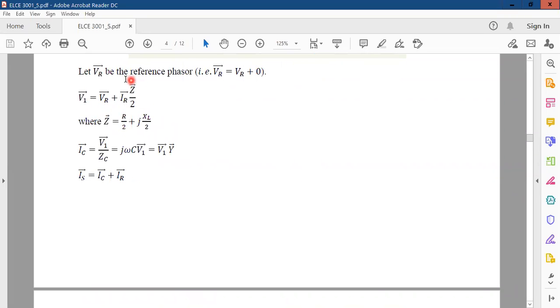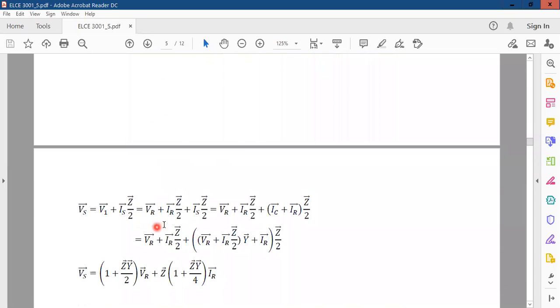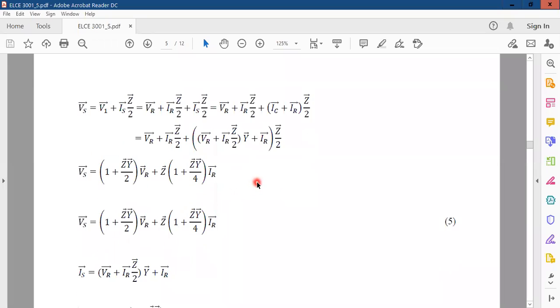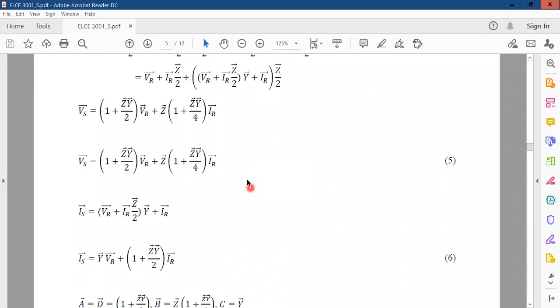We already calculated it: VR plus IR Z over 2. Plus IS Z over 2. We already know IS is IC plus IR, so we substitute IC plus IR in place of IS. So we get this final equation. Now, substituting all the equations, we get the final equation for calculating VS. And this is for IS.